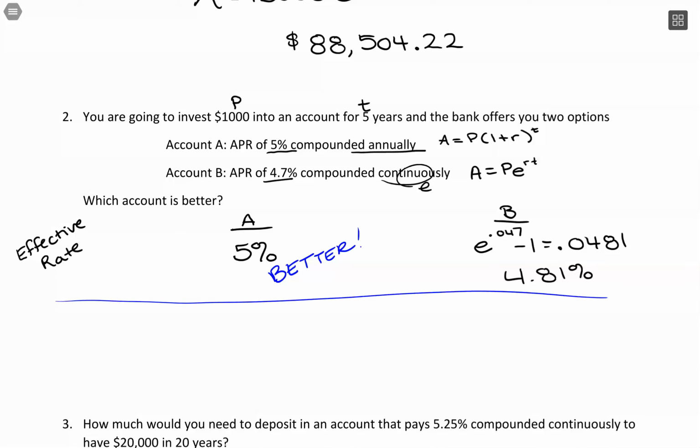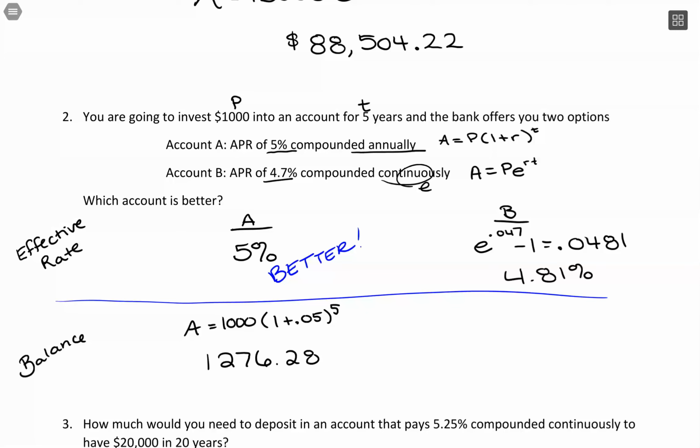Another way is they did give you a principal, so you could just figure out how much you would have after 5 years. You could use the balance of the account. So if we did 1,000 times (1 + the rate) to the exponent of 5, we'd end up with $1,276.28.